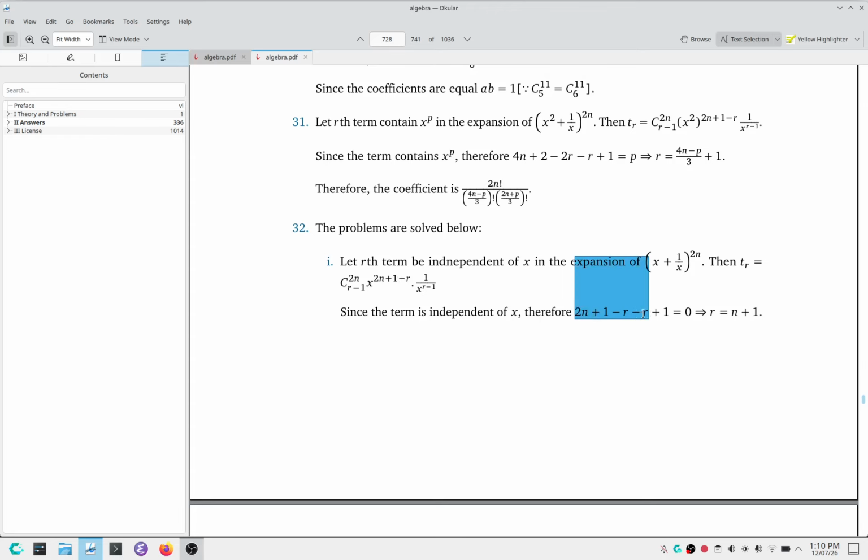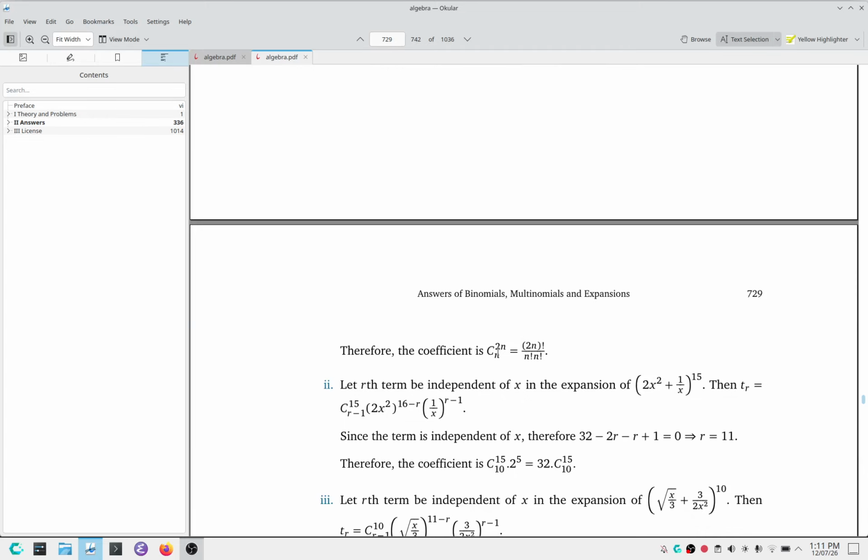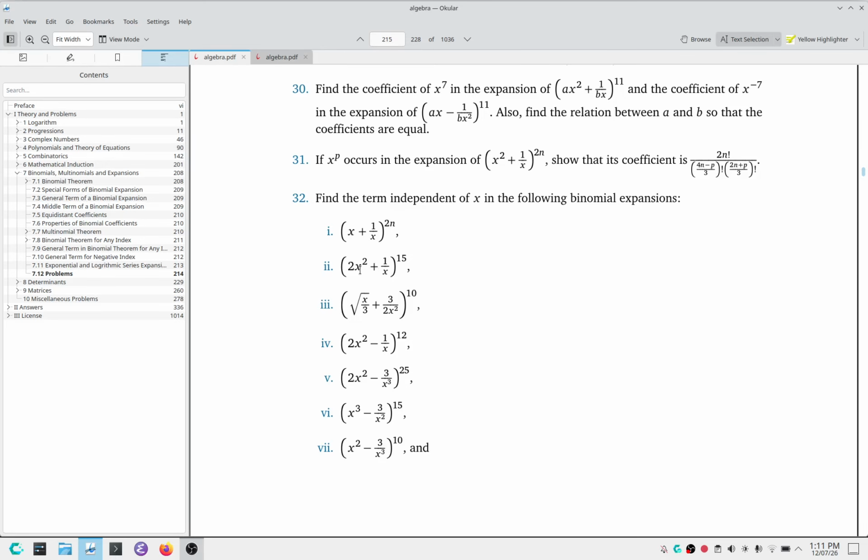So we add the powers of x and set it to 0, and we get r equal to n plus 1, and thus the coefficient is 2n c n, that is 2n factorial upon n factorial square.